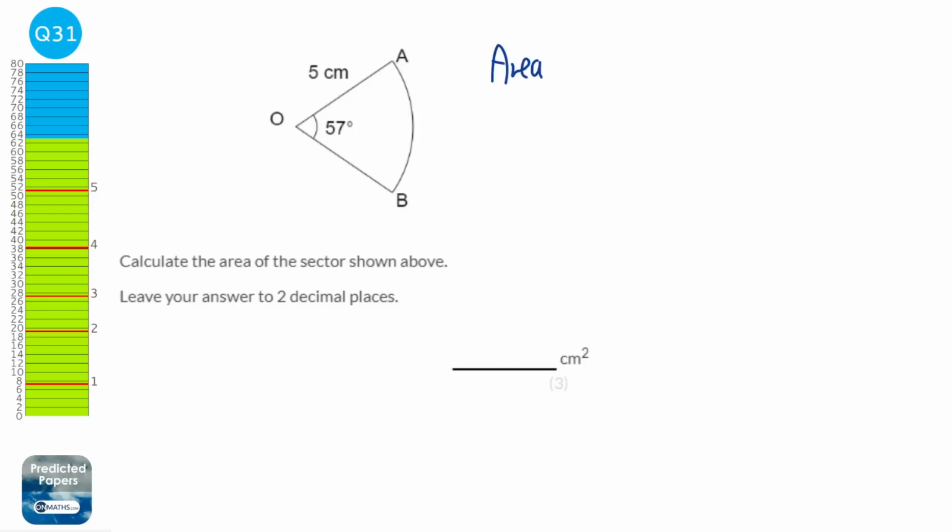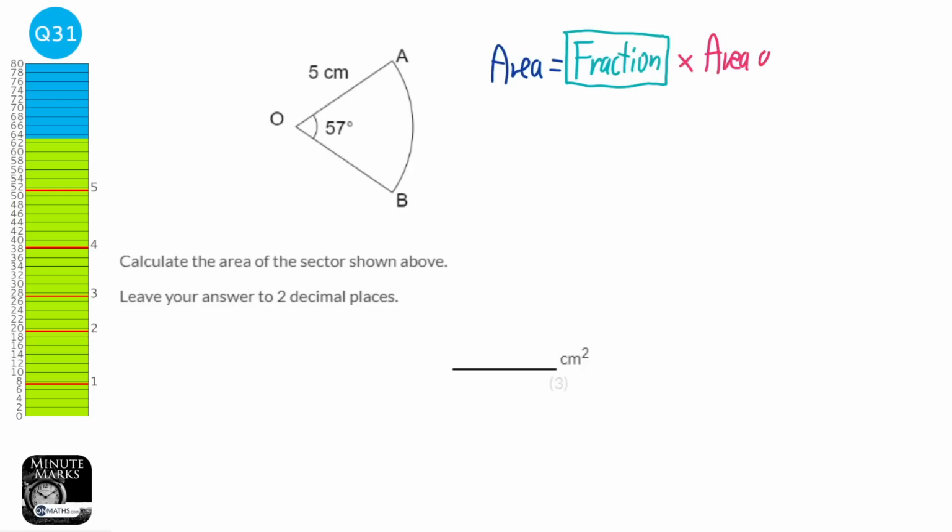To work out the area of this sector, there is actually a nice little formula that we can use. And I'm just going to show you what the formula means. So the formula is going to be what fraction of the full circle do we have. Okay, so we're going to find out the fraction of the full circle we have, and then we're going to times that by the area of the circle.